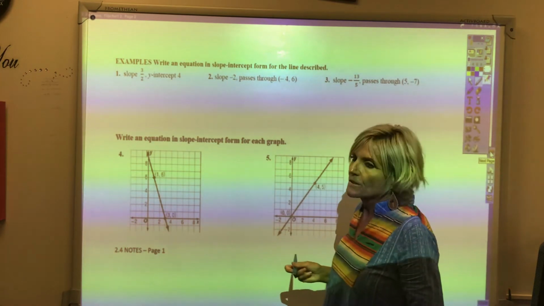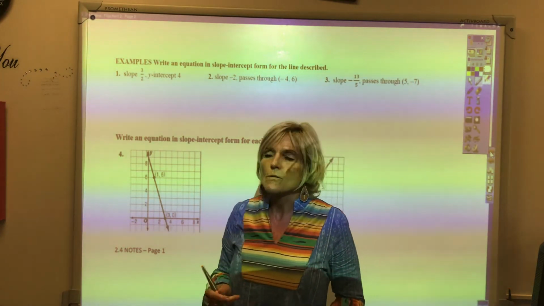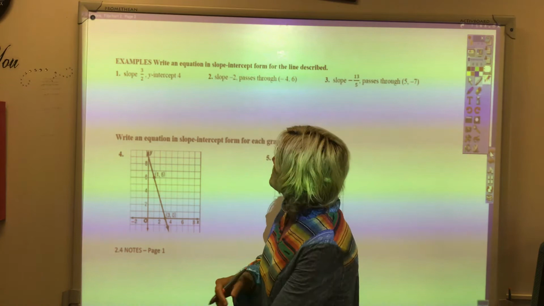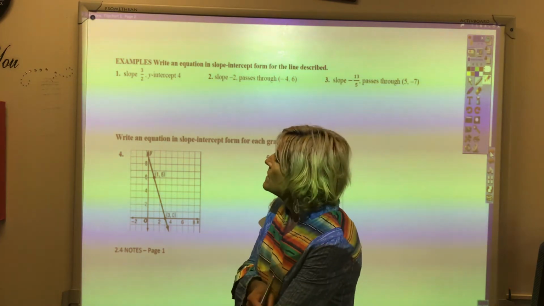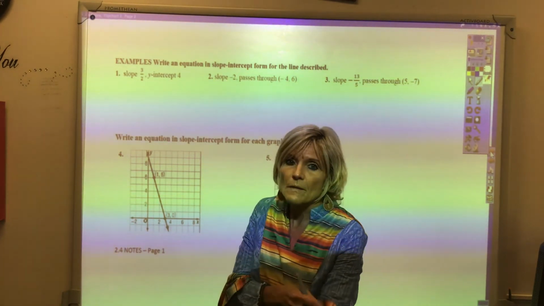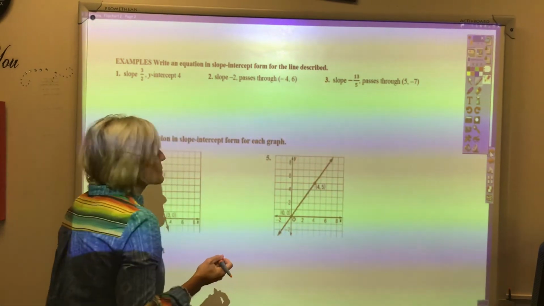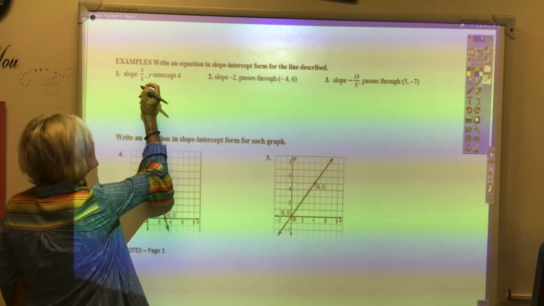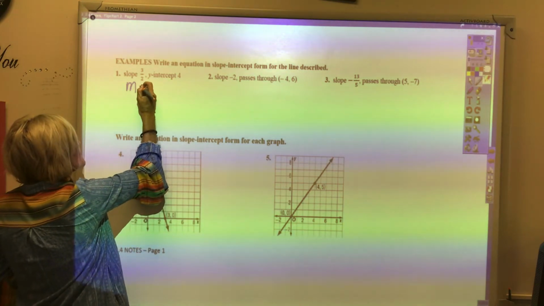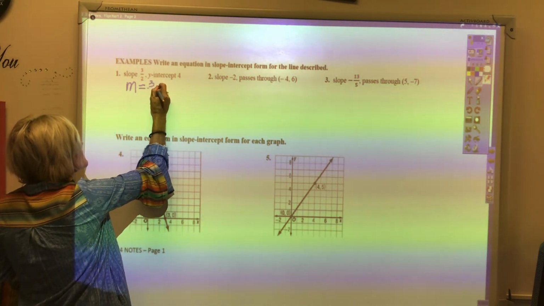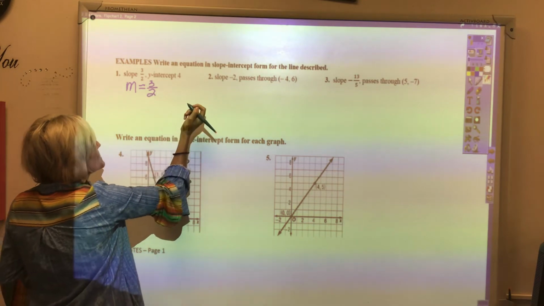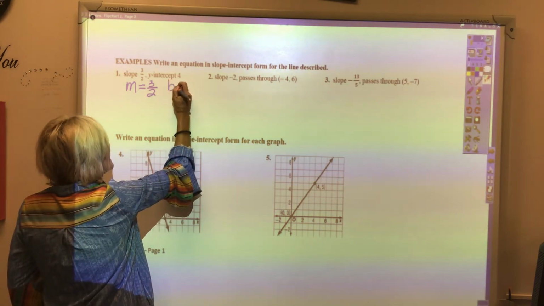Okay, so what we're going to do is write our equations in slope-intercept form given the lines that are described. So on the first one, m is 3/2. The y-intercept they're giving us, b, is 4.